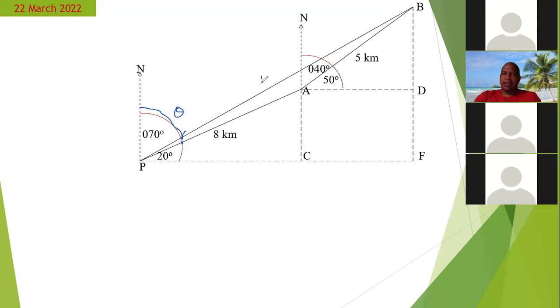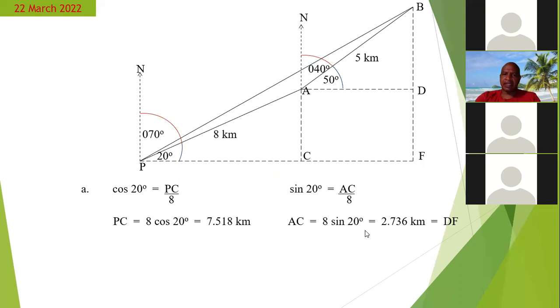PB is what we want, but we know this length, which is PF, and we know this length. Mr. Lamar suggested that we can now use Pythagoras' theorem, which is correct.